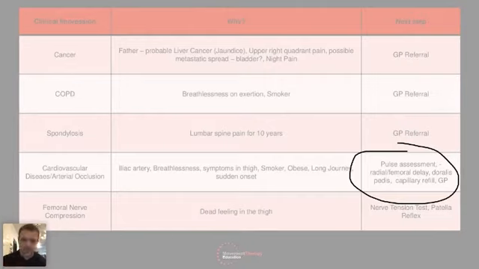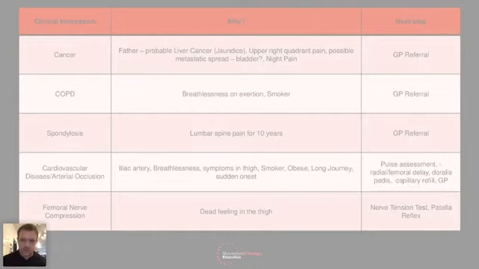You can also have a look for capillary refill. So you squeeze the end of their big toe and then let it go, and it should go white and then immediately red again if there's good perfusion, so a good blood supply. You can do it on your fingertips as well. If you've done a first aid course, you'll have been taught that. So you can do it on the toes as well.